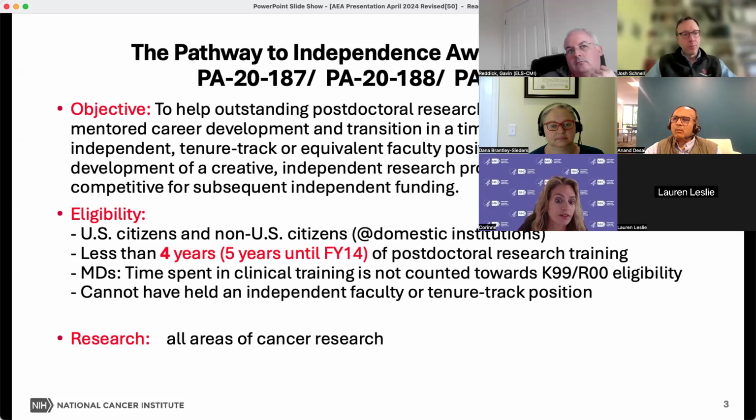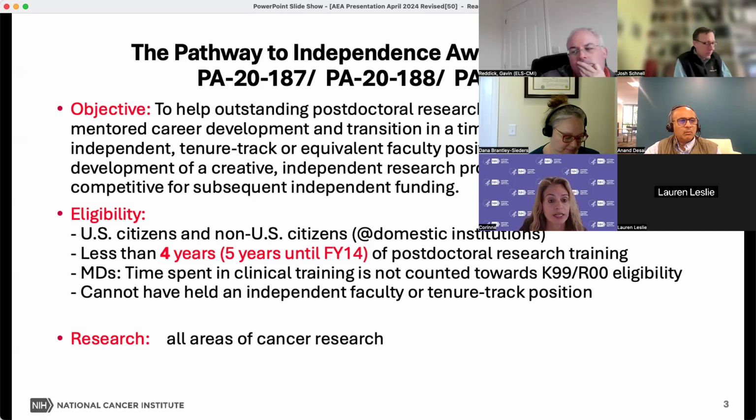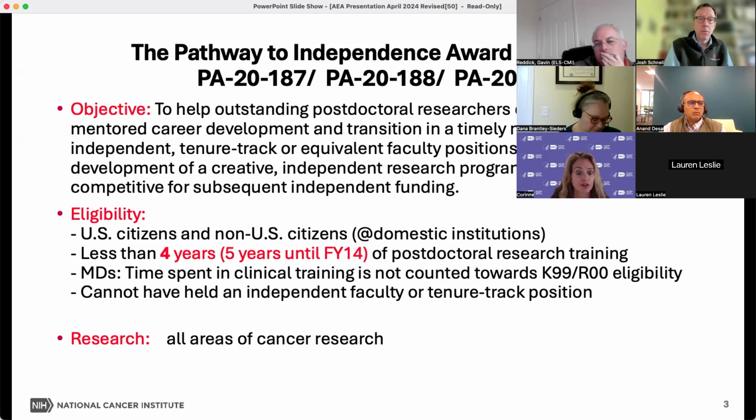The objective of the award is to help outstanding postdoctoral researchers complete needed mentored career development, and then transition in a timely manner to an independent tenure track or equivalent faculty position, and then foster the development of a creative independent research program that will allow for competitive subsequent independent funding. We allow both US and non-US citizens who are training at domestic institutions. Current trainees must have less than 4 years of postdoctoral training.